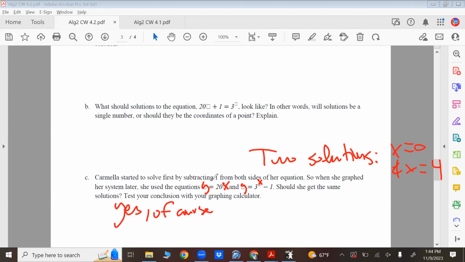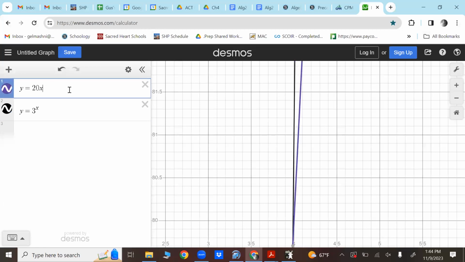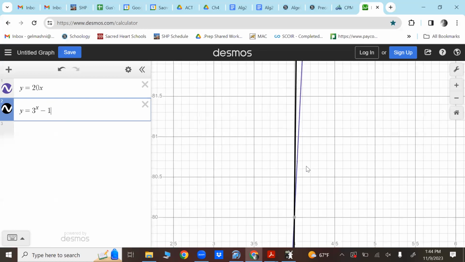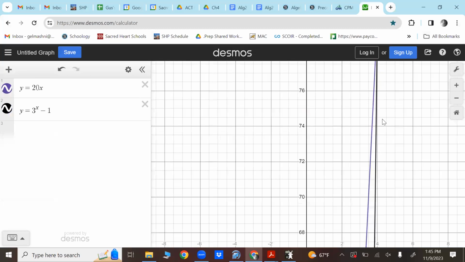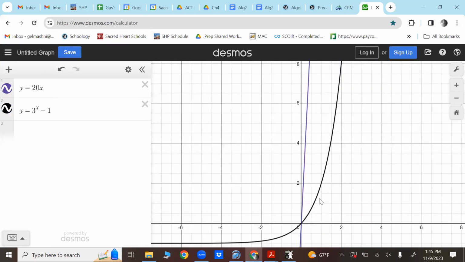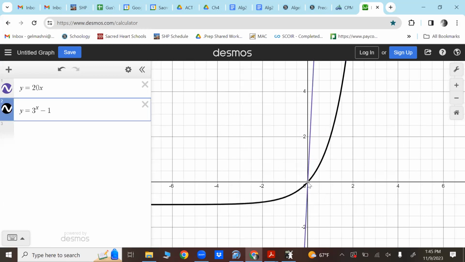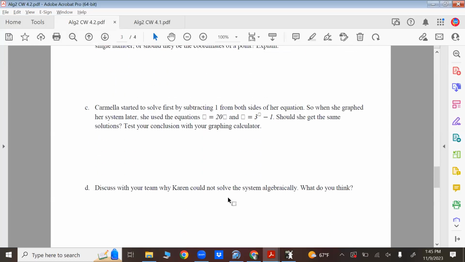It's still going to happen, right? The y values may be different, but you still get the same thing. So if I got rid of the 1 here and made it minus 1 here, 4 is still just 4 comma 80. You still have that, but that's 0, 0 instead of 0, 1. So yeah, you still get the same thing. So yeah, that was a yes.